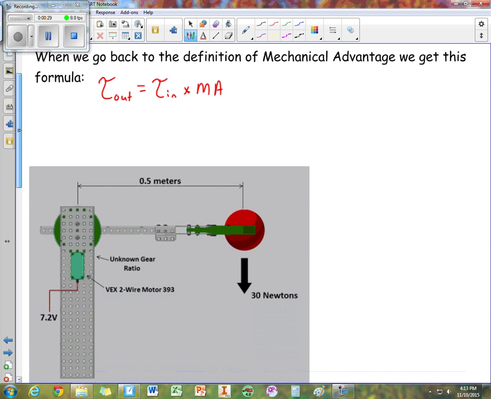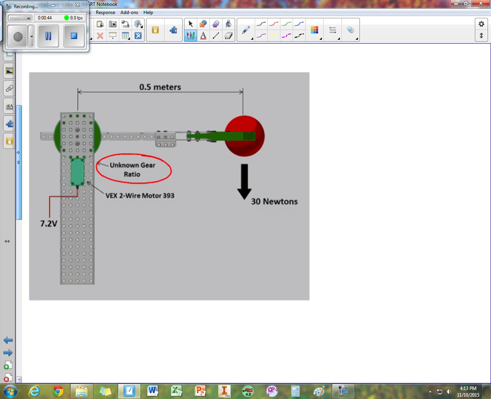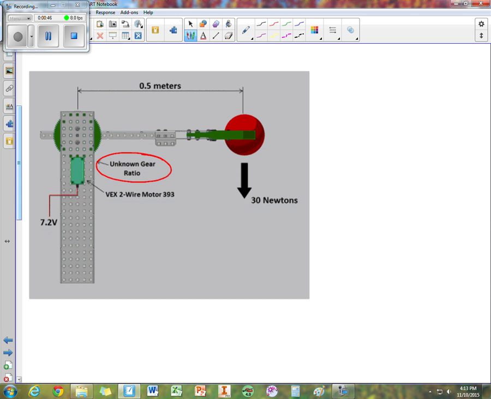So let's take a look at this example here. Here we have a 30 Newton object placed on the end of a long arm that's 0.5 meters long, and we don't know what gear ratio we would need. Well, that should be pretty easy to find. First off, we need to find out what the output torque is.